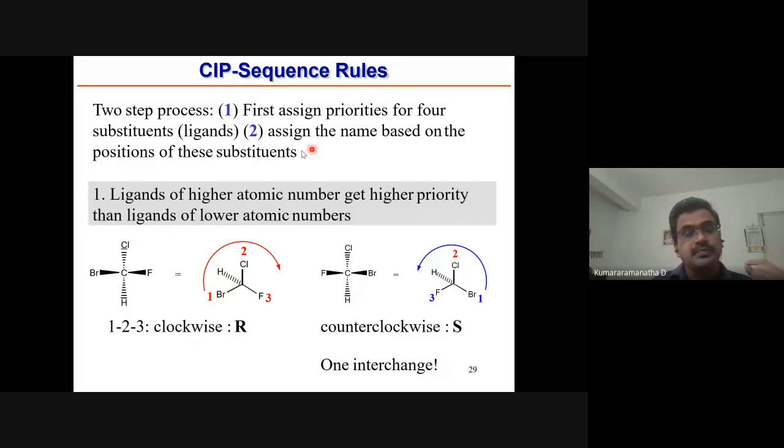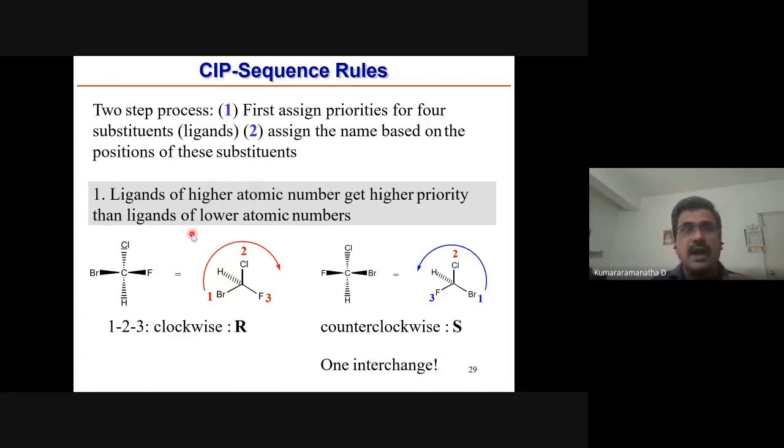Now assign the name based on the position of the substituents. As all of you are already aware, the ligands with higher atomic number will get higher priority, and obviously ligands with lower atomic number will get the least priority.